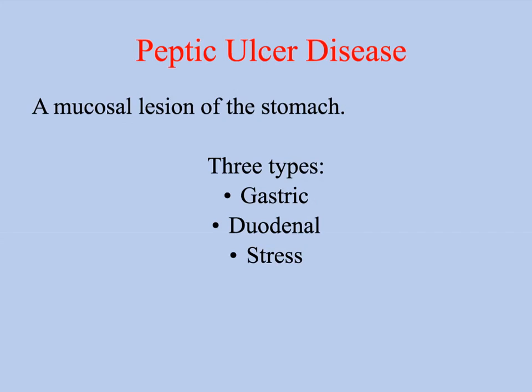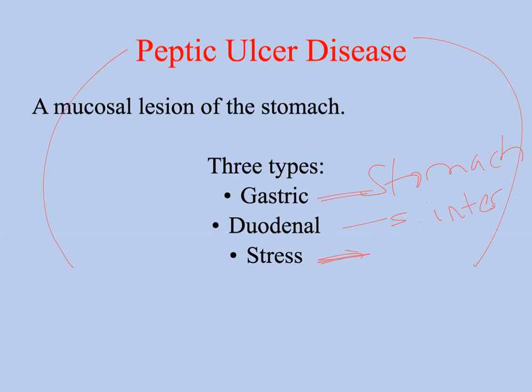There are 3 types of peptic ulcer disease. So peptic ulcer disease is kind of an umbrella term for 3 types of ulcers. So this is the umbrella for gastric, duodenal, and stress. Gastric is talking about an ulcer that occurs in the stomach. And then the duodenal is talking about that first piece of the small intestine there.